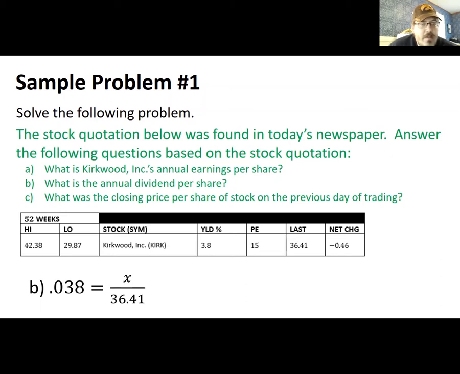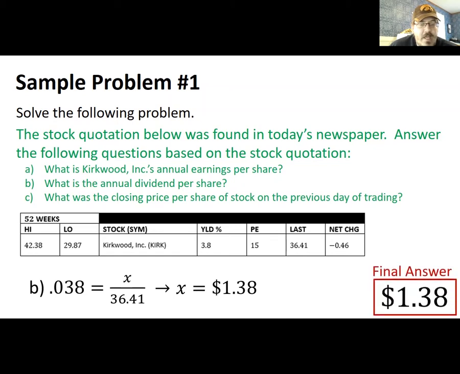So just remember the percent yield is a percentage, so when you plug it into the formula, convert it to a decimal. Ultimately, again, we do a little bit of algebra and we end up multiplying the last closing price of the day, the 36.41, times 0.038, and so what we get is a dividend of $1.38 per share.